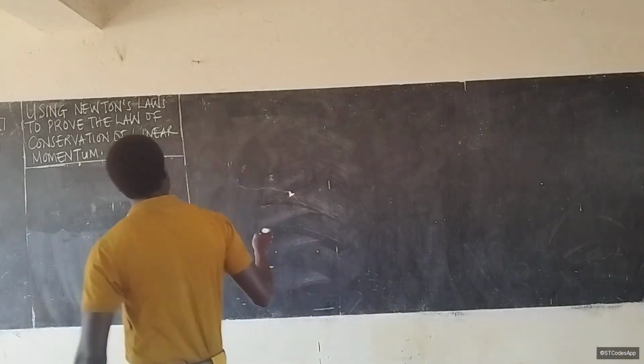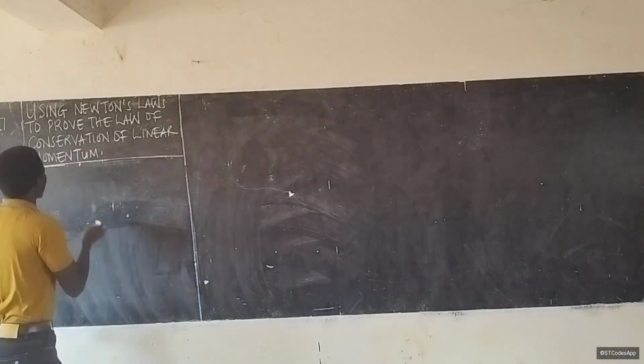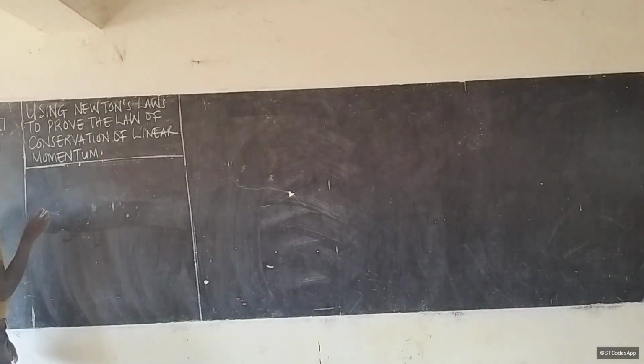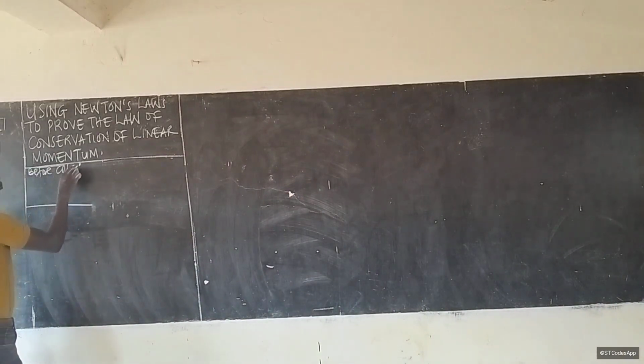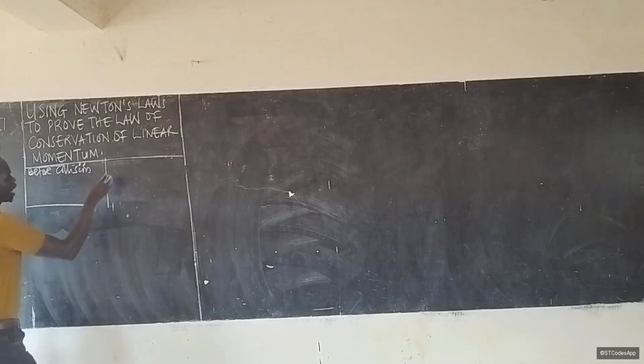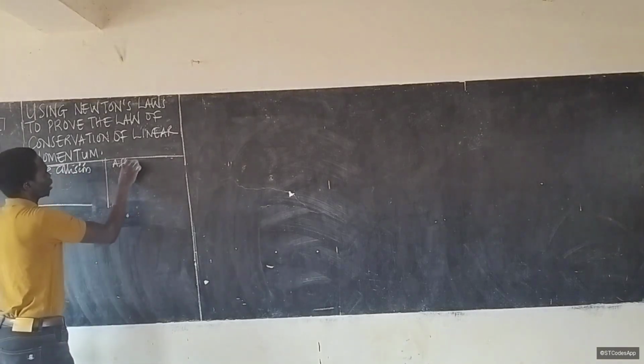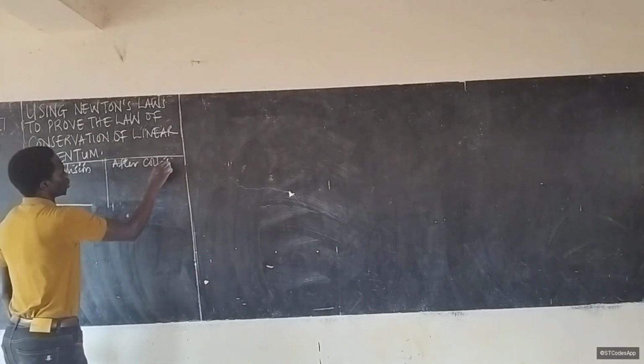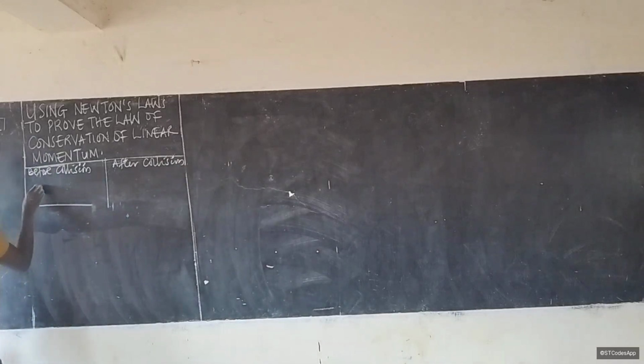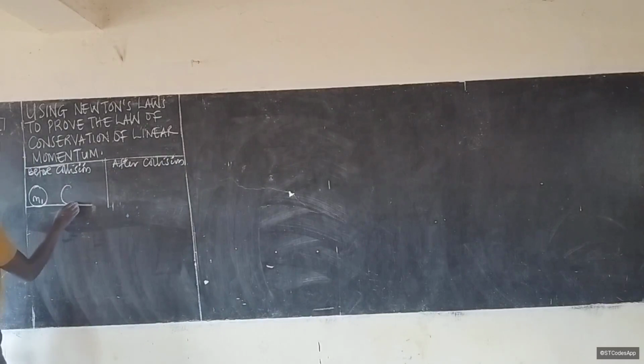So we can have two bodies of masses m1 and m2 colliding. I can have two cases: this is before collision, and then another one after collision. We shall have a body of mass m1 and another body of mass m2.